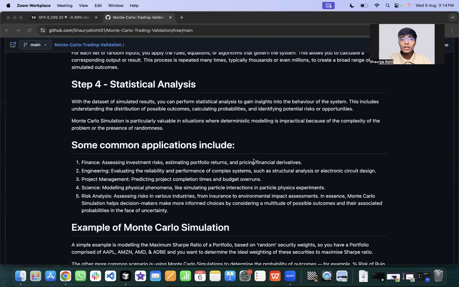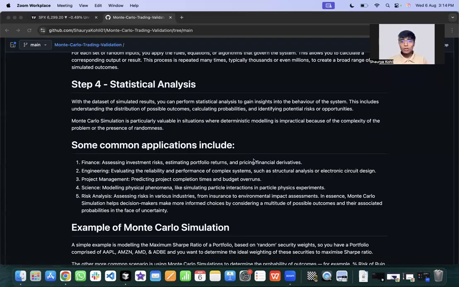Step four comes to the statistical analysis. With the data set of simulated results, you perform statistical analysis to gain insights into the behavior of the system. This may include understanding the distribution of possible outcomes, calculating the probabilities, and identifying the potential risk or opportunity in general.